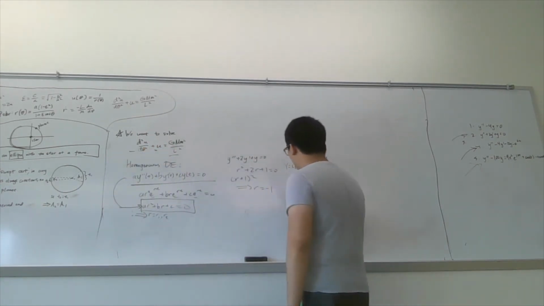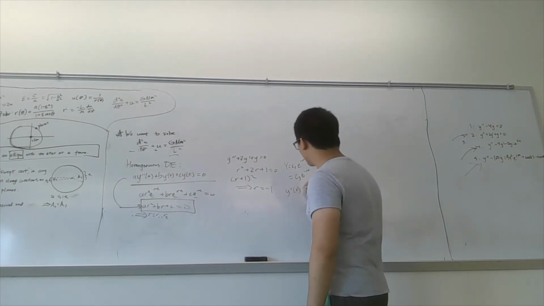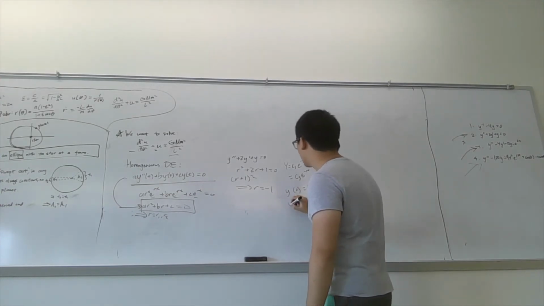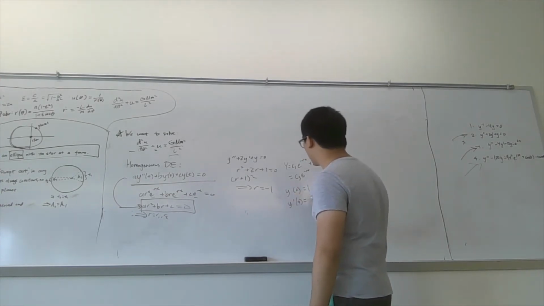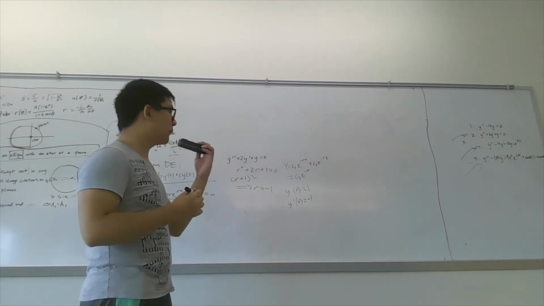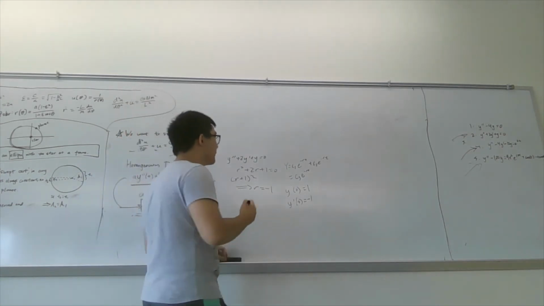Let's consider, for example, the boundary values y at 0 equals 1, and the derivative of y at 0 equals maybe -1. Actually, would that work? I think it does.